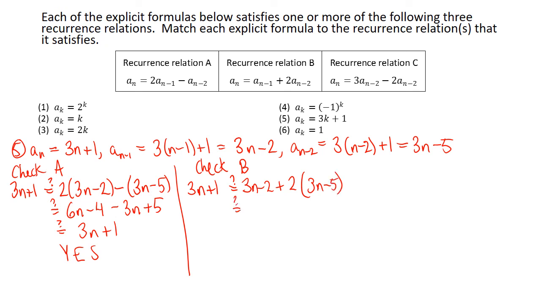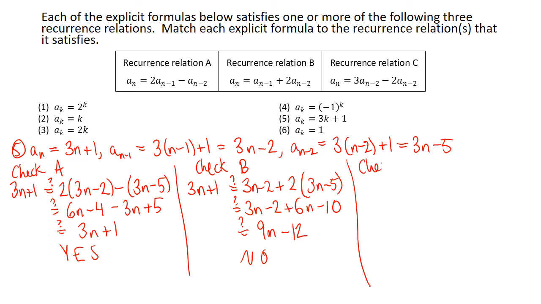That stays the same, and then this is going to be 6n minus 10, and then this will become 9n minus 12, so that's a no. And then finally, for part C, I'm checking if an equals 3 times, and this was a typo again, so this is 3n minus 2, minus 2 times an minus 2.